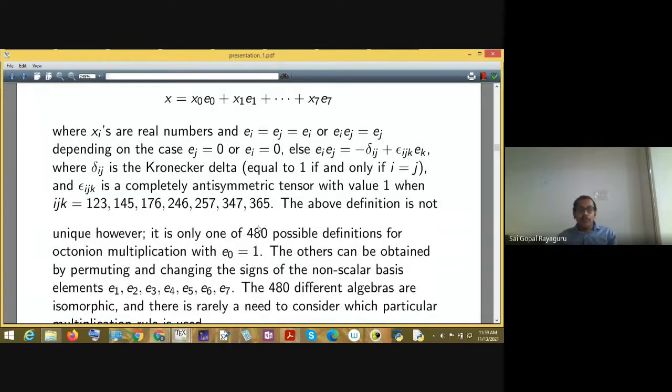So out of 480 possible definitions, this is one definition. The other 479 cases can be defined, with the multiplication rule separately defined to produce an octonion algebra.